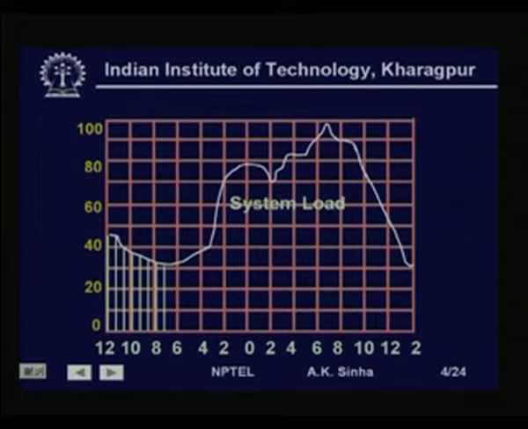Therefore, we can consider the network to be working in a steady state or static operating condition. This kind of classification of power system operating condition is called a quasi-static operating condition.